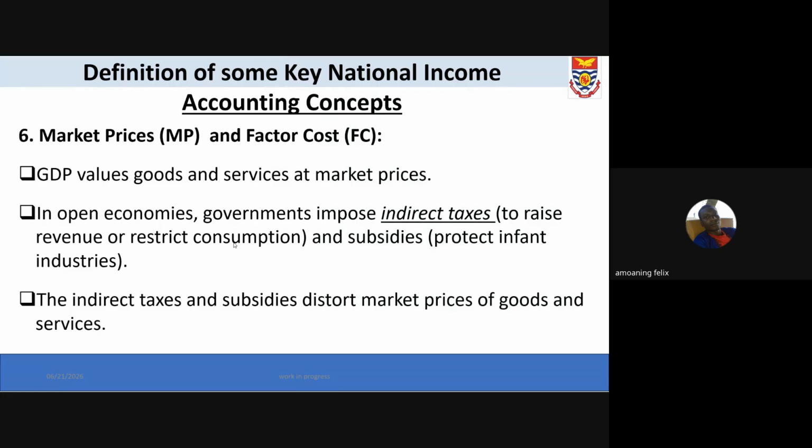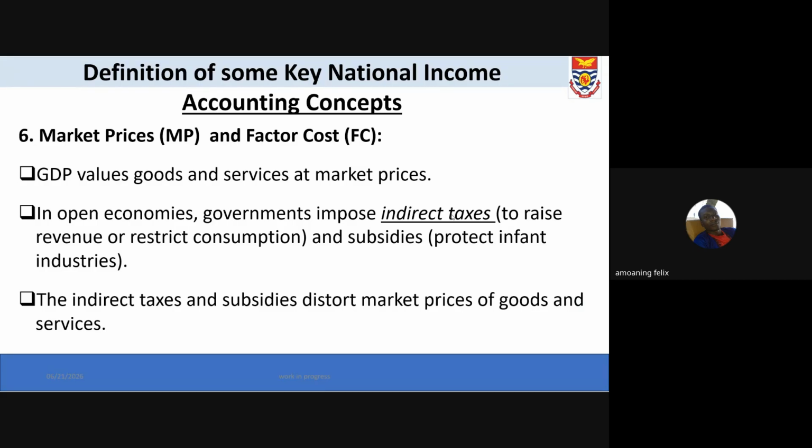All right. So you get the explanation that I was trying to make. Whenever the government imposes taxes, the price of the commodity that comes to the market is higher. And whenever government imposes a subsidy, the price of the commodity that comes to the market is lower compared to the actual price.